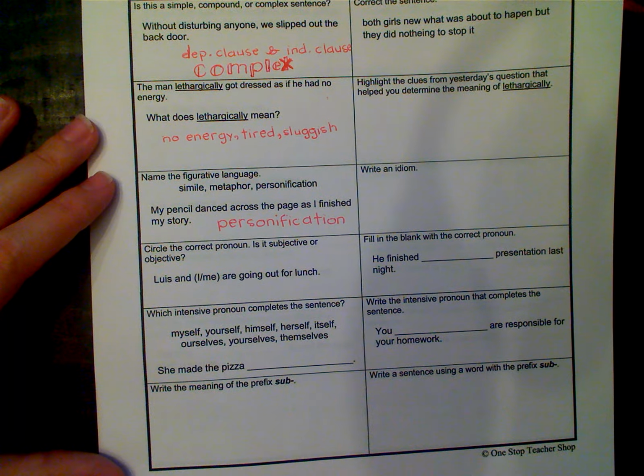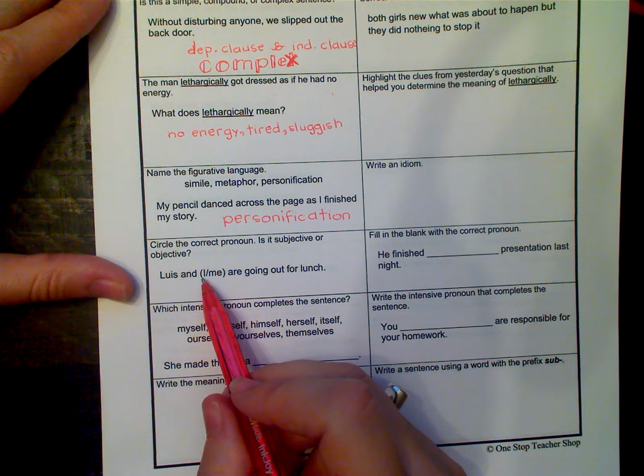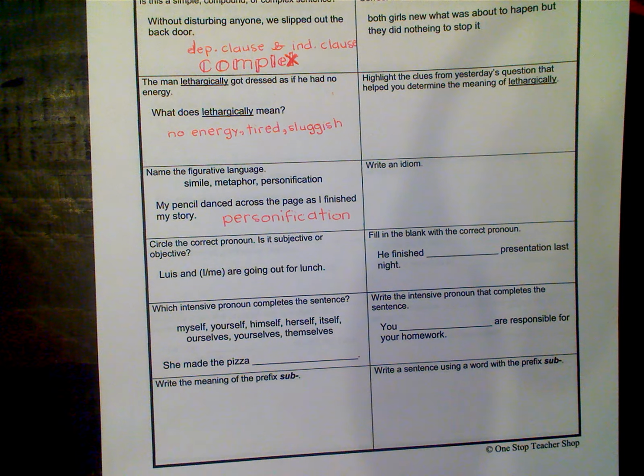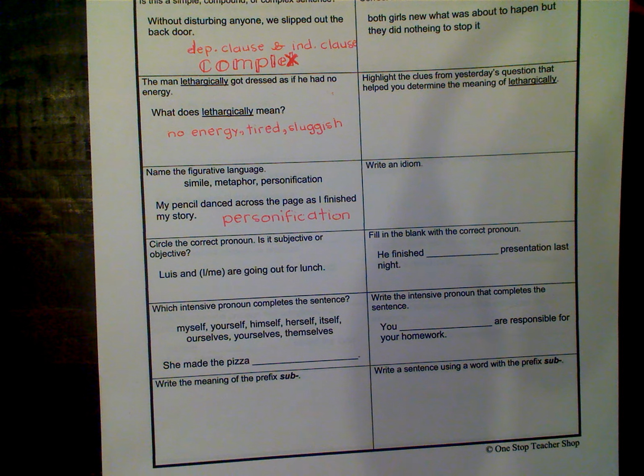Circle the correct pronoun. Louie and I, or Louie and me, are going out for lunch. Okay, we have had this conversation a little bit in the past. How do we know if it's Louie and I or Louie and me? I will tell you the way I typically think about it.